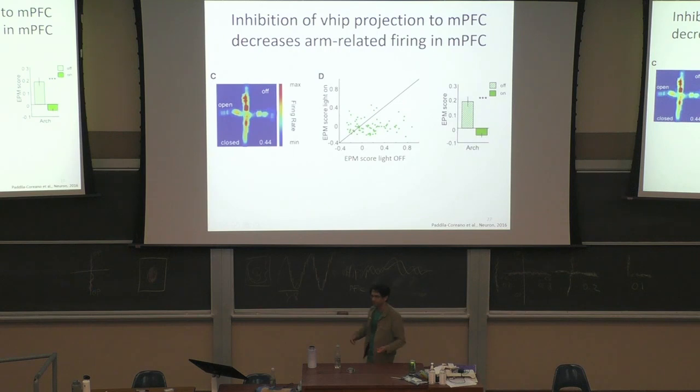So specifically, when you're talking about the projection from the ventral hippocampus to the mPFC, it's not directly associated with anxiety, but other projections from the ventral hippocampus to other regions, for example the amygdala, probably associate with the fear or anxiety itself.